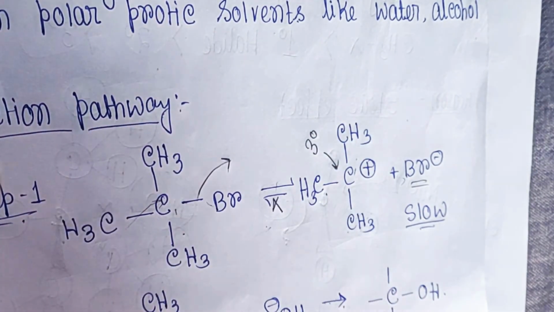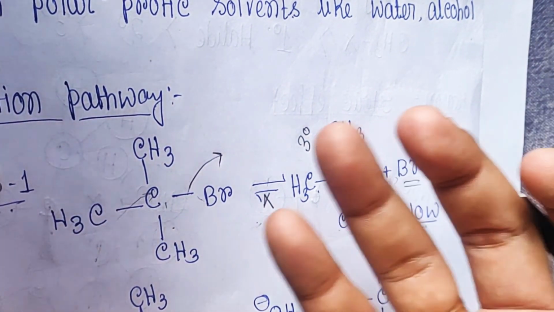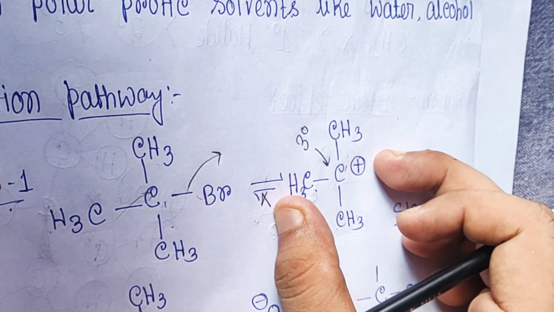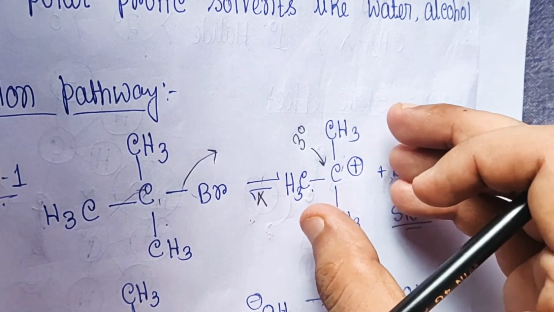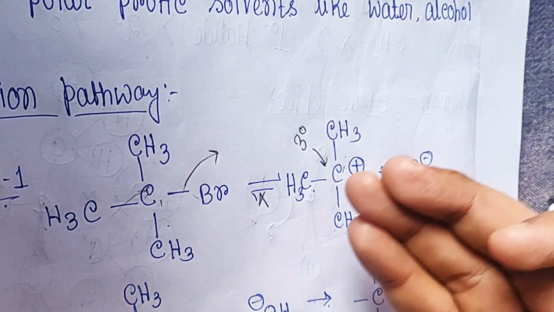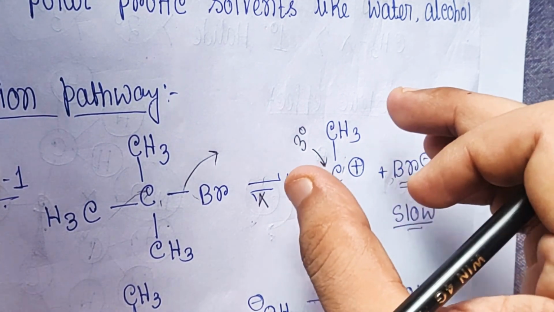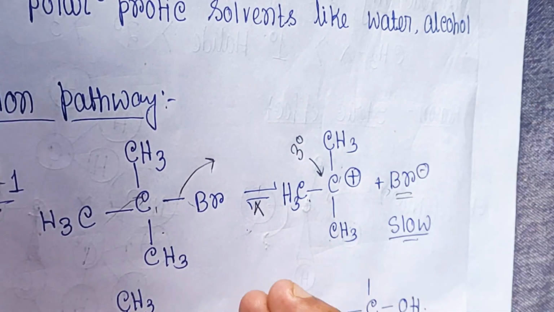So what would be the need of this polar solvent? As the solvent is polar and this thing is also polar, the solvent would stabilize this thing. So this would get stabilized by the solvent, as the solvent is polar, due to the dipole-dipole interaction. So this would get a further stabilization.